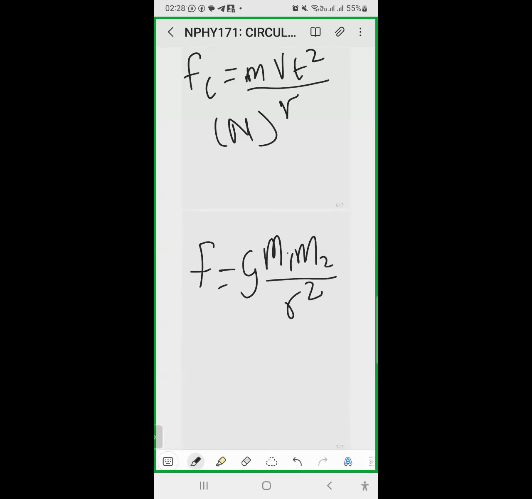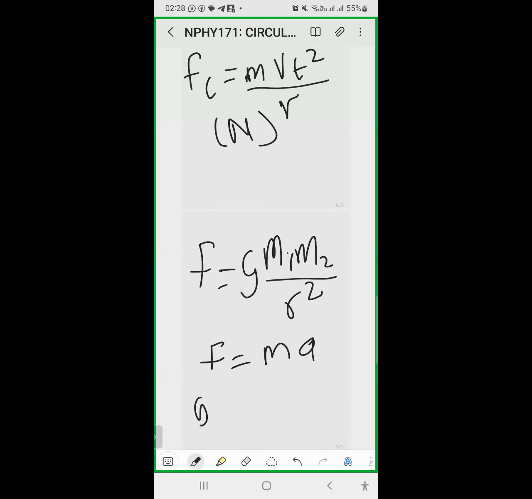We know that by Newton's second law, F net is equal to ma. For objects that are moving up and down, the gravitational force is the one acting on that object. So basically, the gravitational force is the F net.